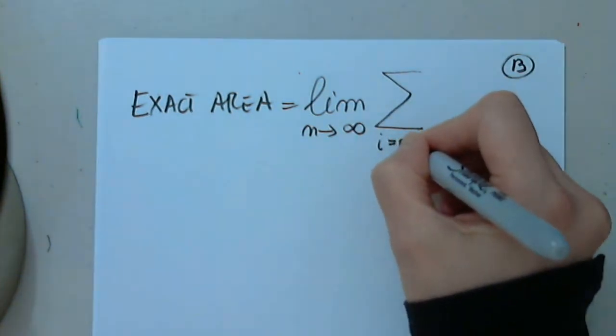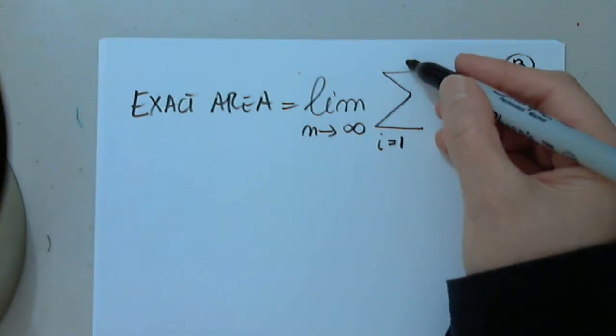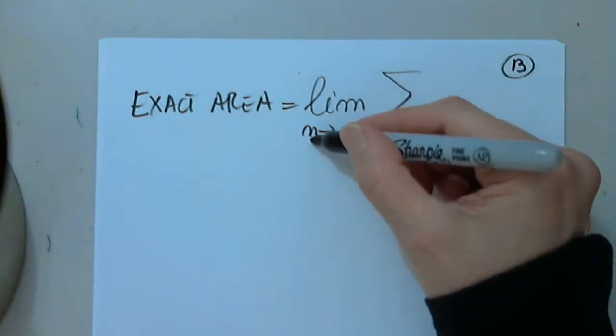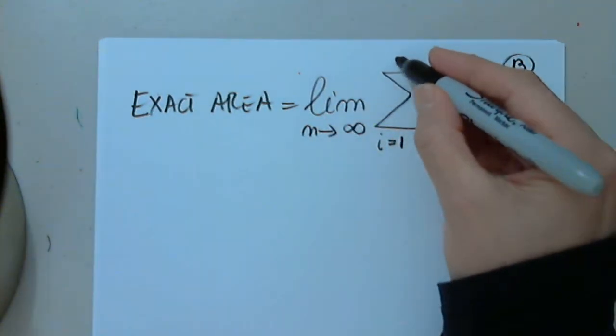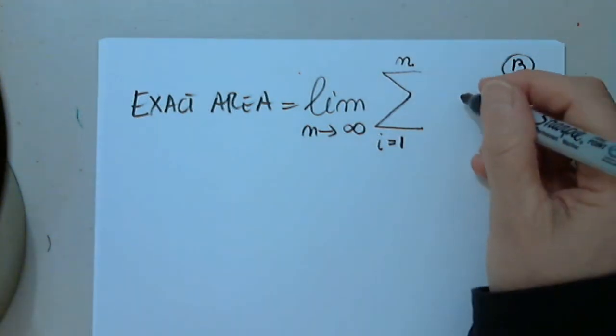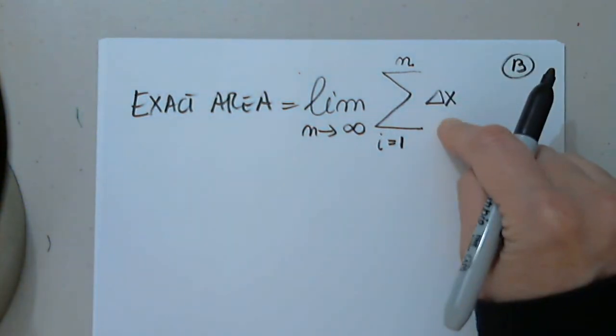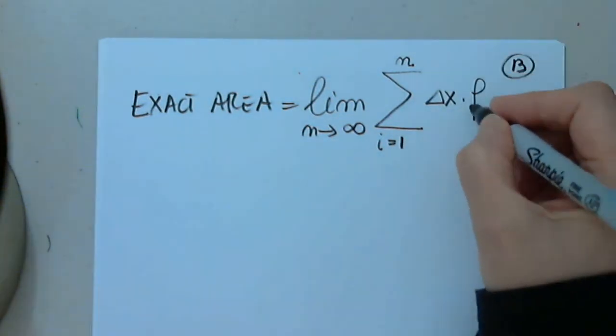From i equals 1, from the first subinterval till what is the last one? N. Exactly what we just said. Delta x, which is constant, times f of xi.